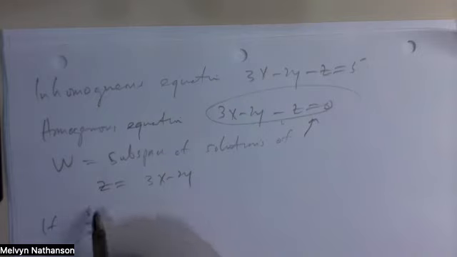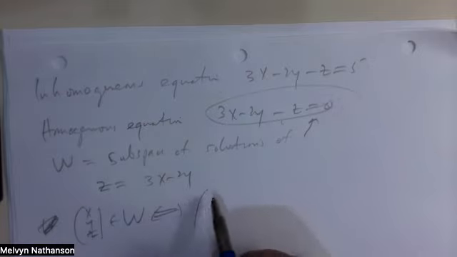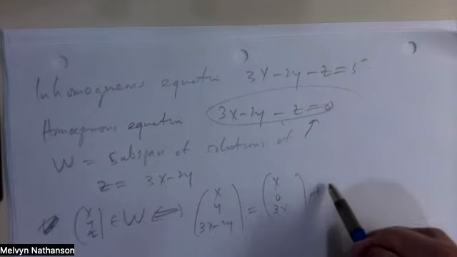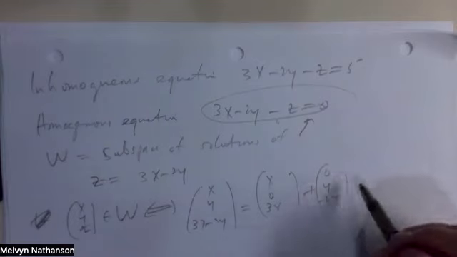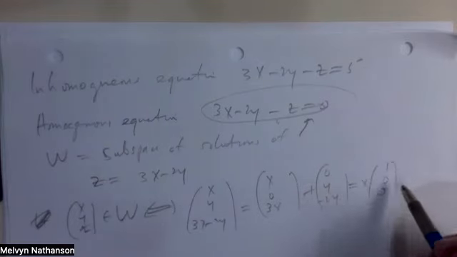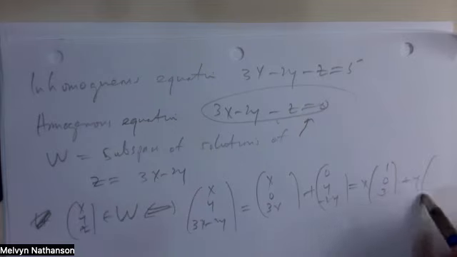So x, y, z is in W if and only if, for any x and y, z is 3x minus 2y, which is the same as x, 0, 3x plus 0, y, minus 2y, which is the same as x times the vector (1, 0, 3) plus y times the vector (0, 1, minus 2).